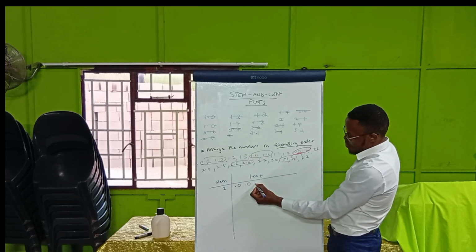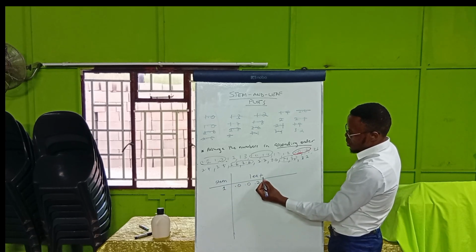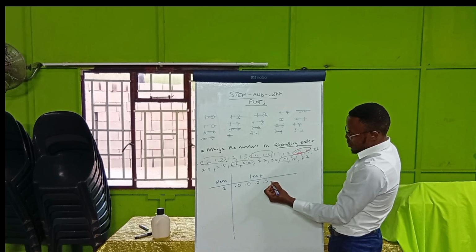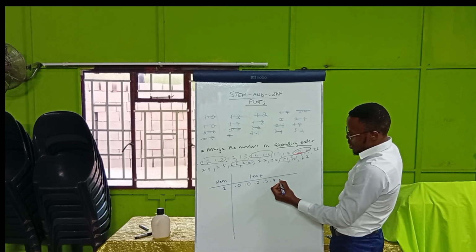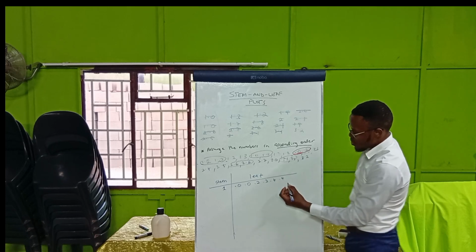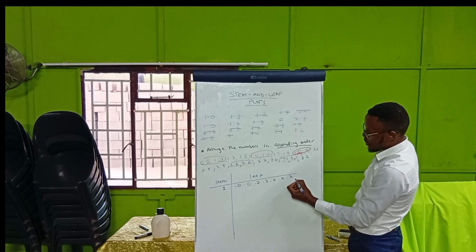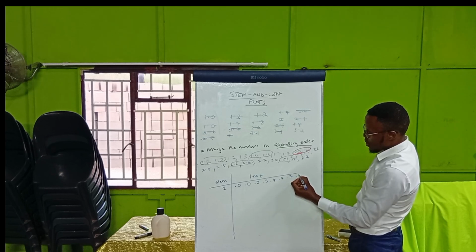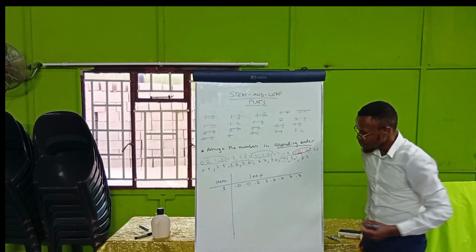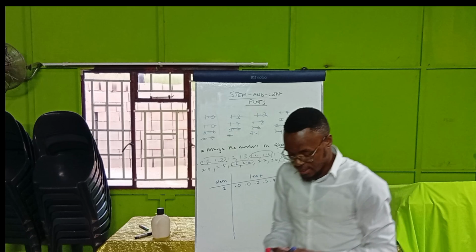Then 1.2, 1.3, 1.4, another 1.4, and then 1.7, then lastly 1.8. So this is how you represent it.